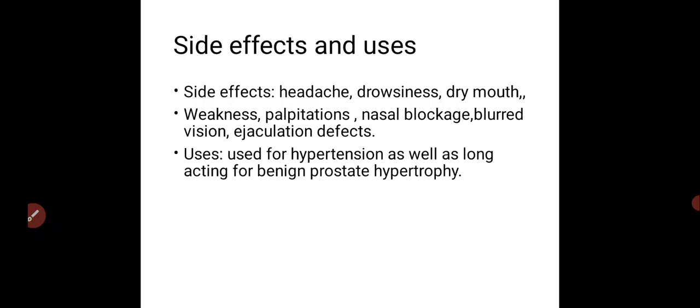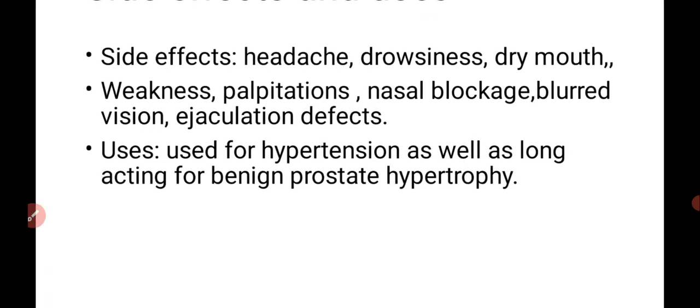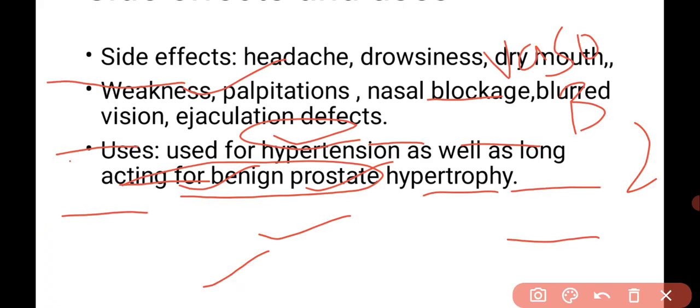Then coming to the side effects: they block alpha 1 receptors not only in the blood vessels but also in other organs. That may cause ejaculation defects, and blurred vision because of the blockage of mydriasis, and dilation of blood vessels within the nasal mucosa, which causes nasal blockage.